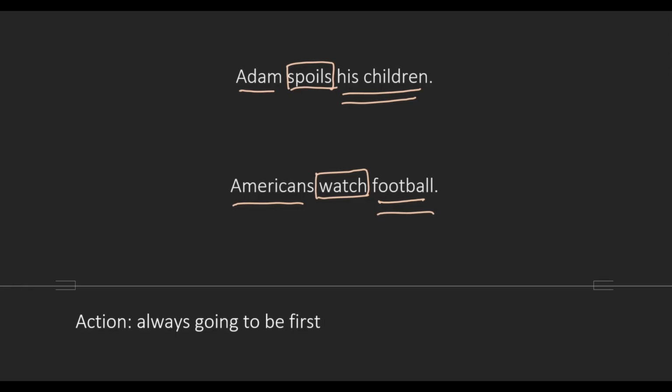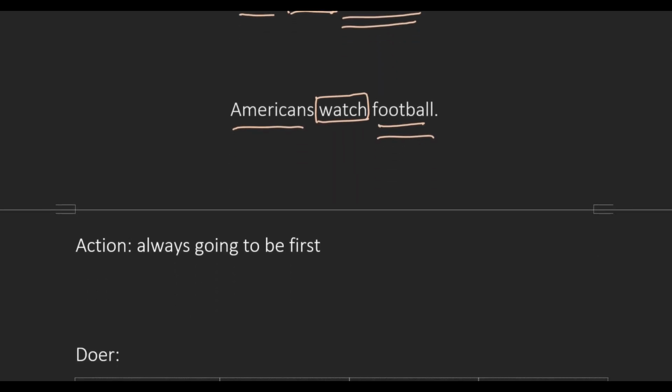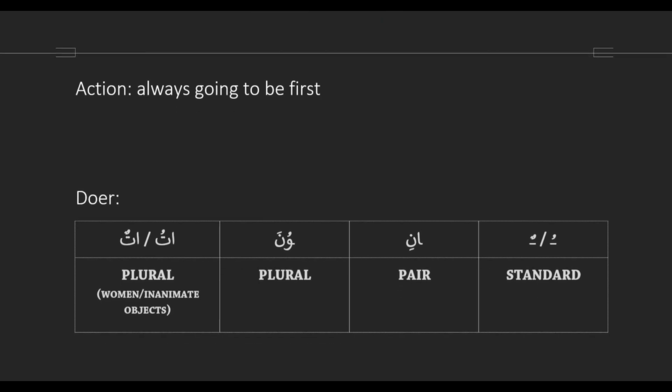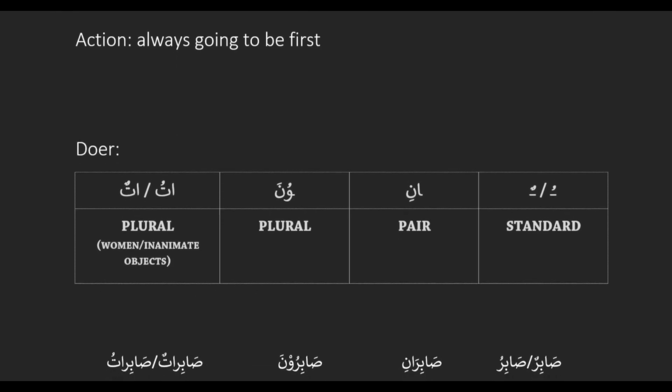So the method we're going to be using to find the doer and the receiver is what we call the label method. You'll see these little labels appearing on the end of the word, and it's kind of like a name tag. If you see one of these labels, un, ani, una, atun, stuck to the end of a word, it's like that word is wearing a name tag saying, hey, I'm the doer.